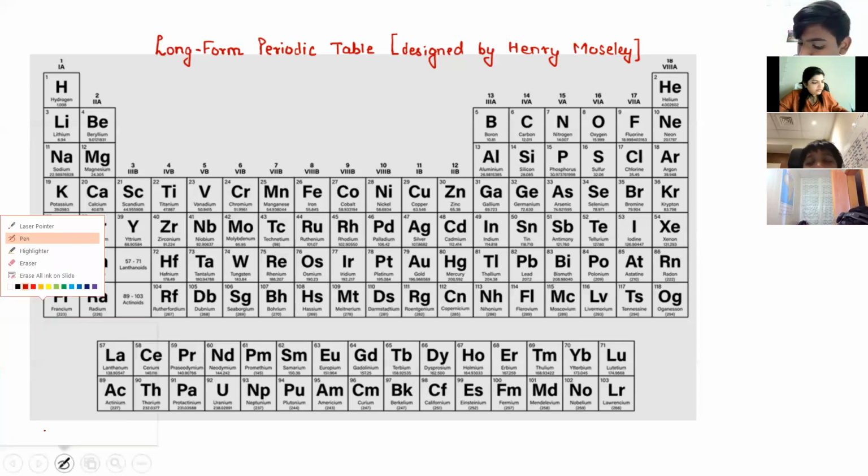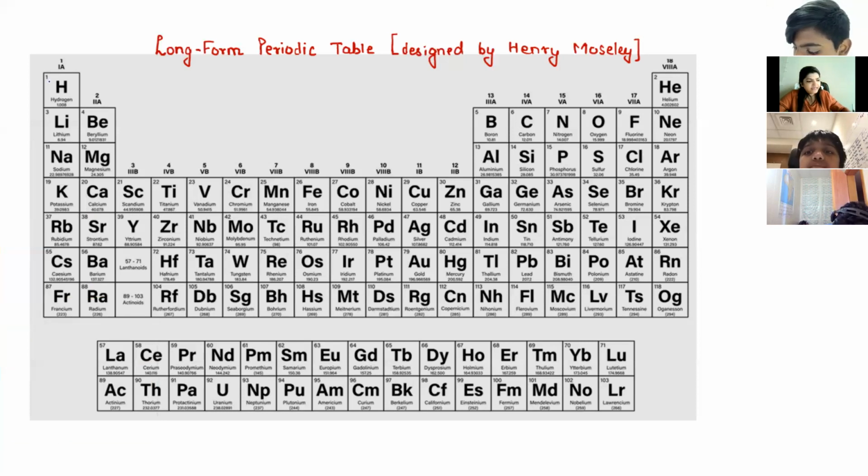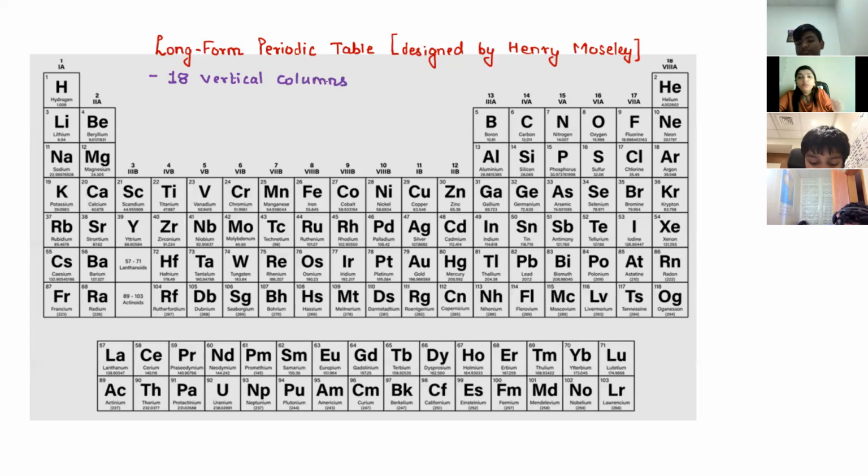This periodic table has, if you see the vertical columns, 18 vertical columns, which are called as groups.